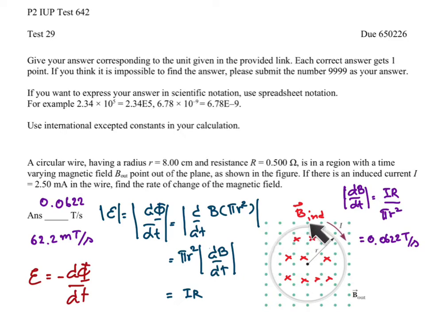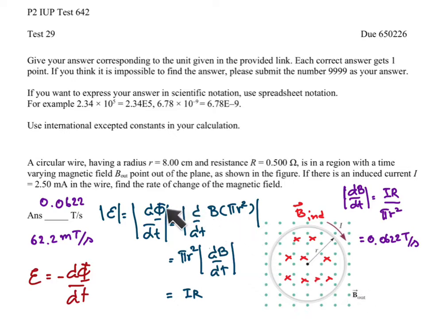Here we have B pointing out of the plane and the wire lying in the plane, right? So it means that the surface of the area that the wire bounds is perpendicular to the external magnetic field B out.